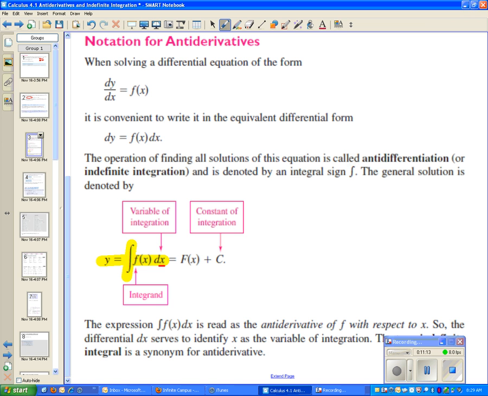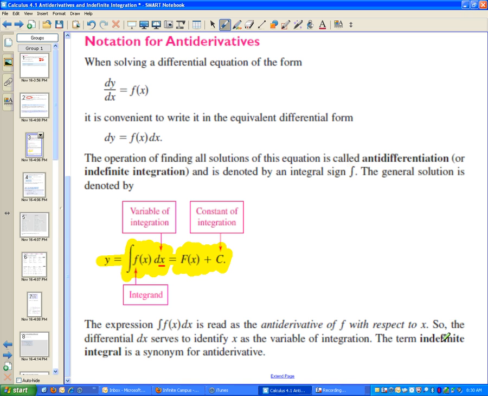So pay attention to that. Equals capital F of x plus c. C, like we said before, is called the constant of integration. And what else have we called that? We've called that the general antiderivative, didn't we? So the indefinite integral equals the general antiderivative.